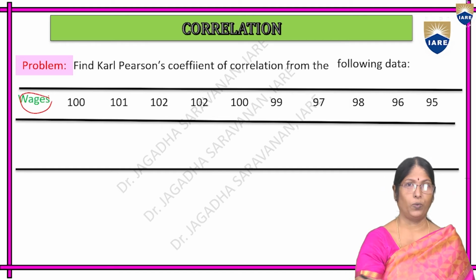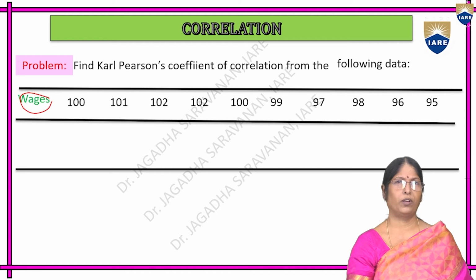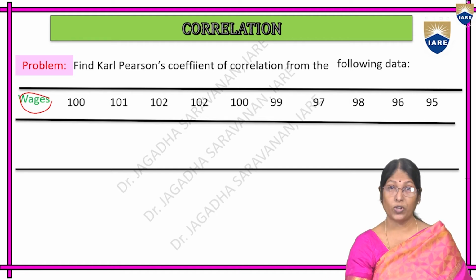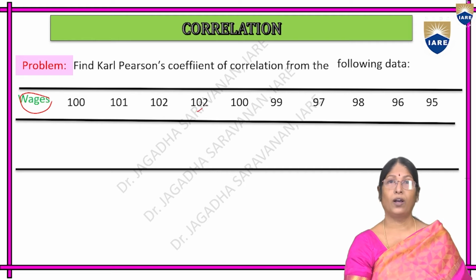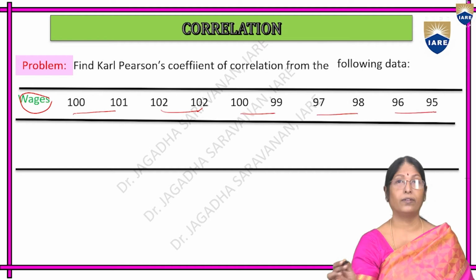The name given is wages, we can assume that as the X variable, or some name variable we have to define. The data given are 100, 101, 102, 102 (repeated 2 times), 100, 99, 97, 98, 96, 95. Totally 2, 4, 6, 8, 10.